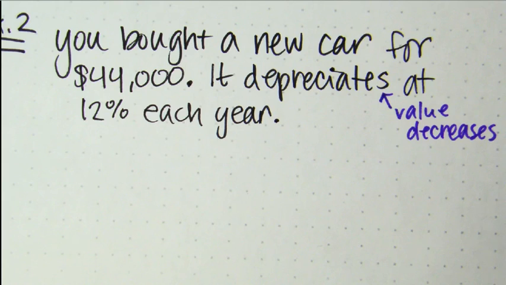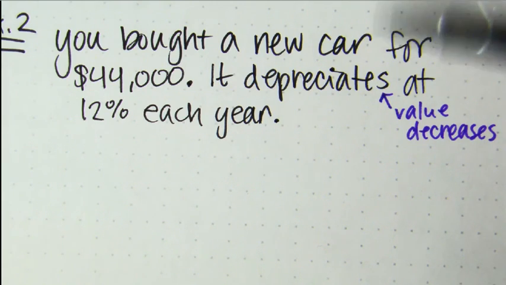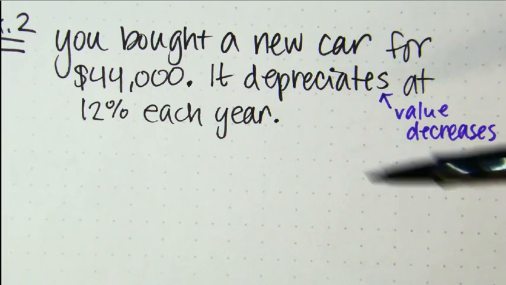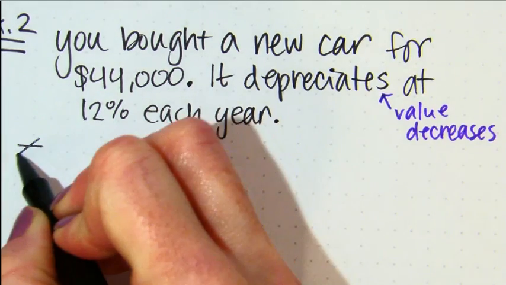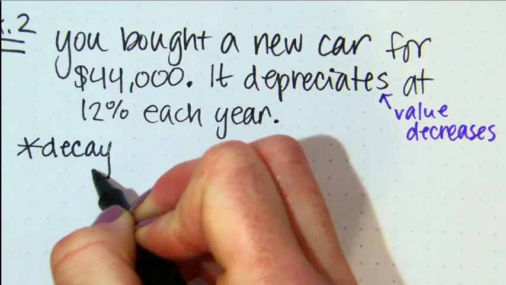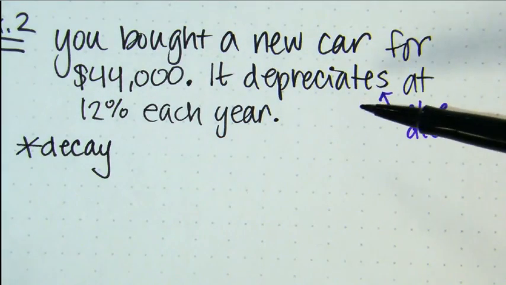But all right, so we have something depreciating, so this is going to be a decay situation, right? So let's make a note that it's a decay. And we know that because of depreciation.